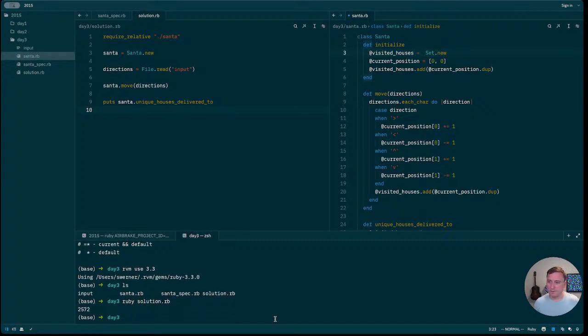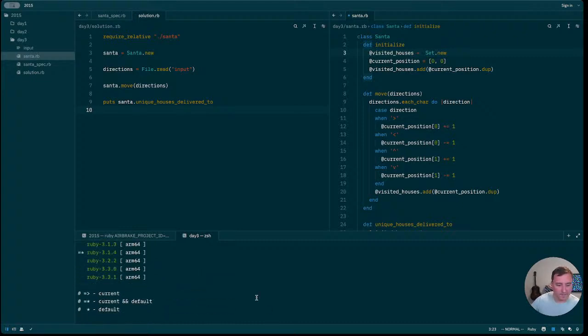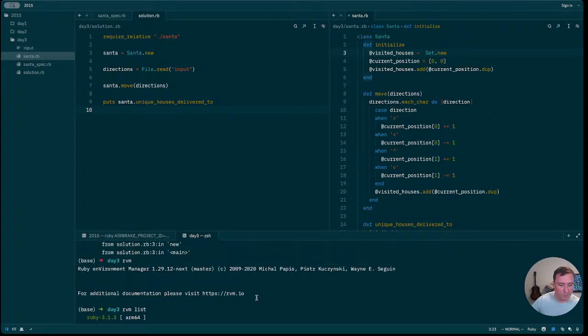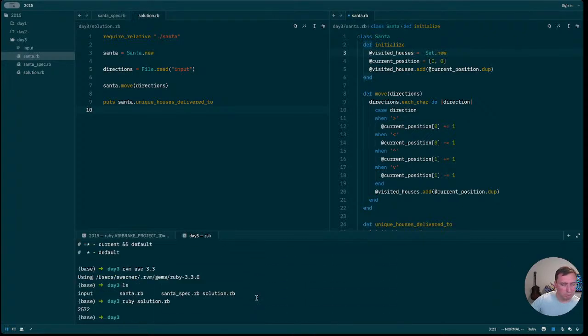Yeah, must have been some weird versioning. What Ruby did we have running before? 3.1. It's very weird. I don't know, I'm gonna write myself a note to figure out what was going on there. But we can move on.